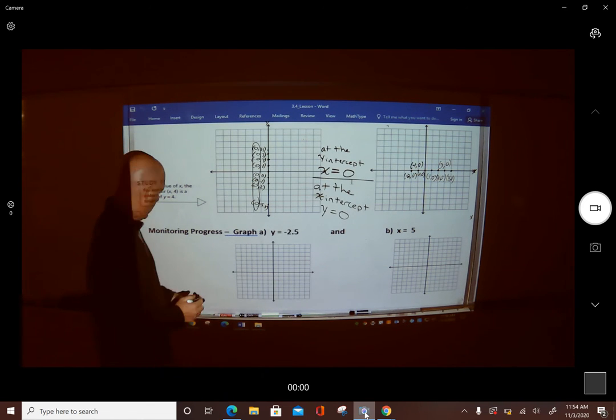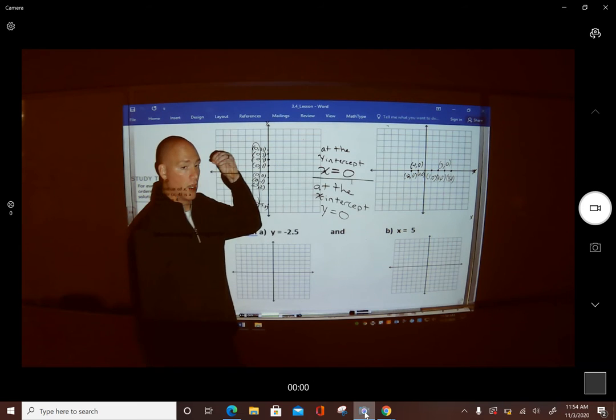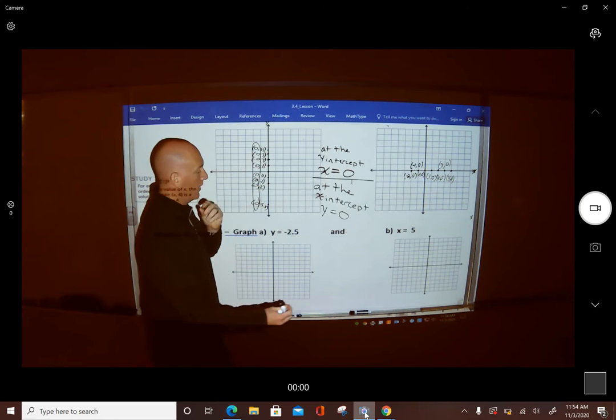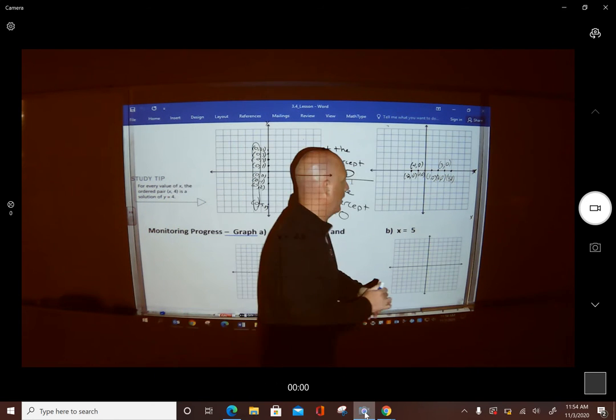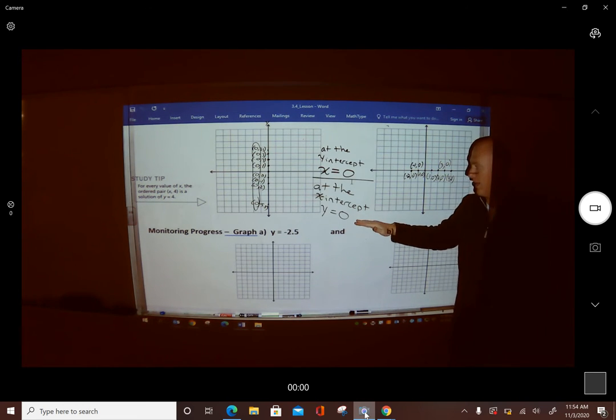So, again, a y-intercept is where our graph crosses the y-axis. The x is always 0 at the y-intercept. And then we flipped the concept and we said, well, the x-intercept is where my line crosses the x-axis, and we know the y is 0.